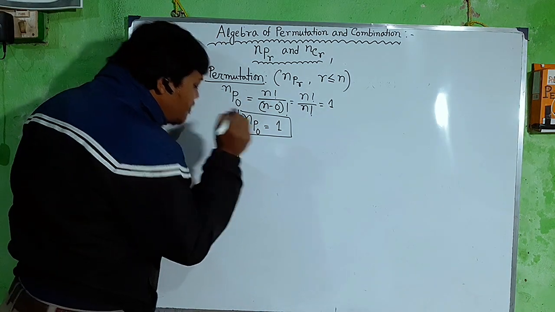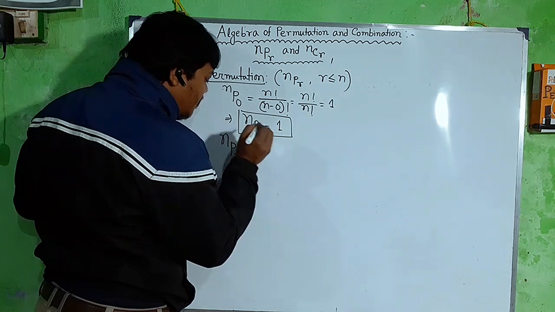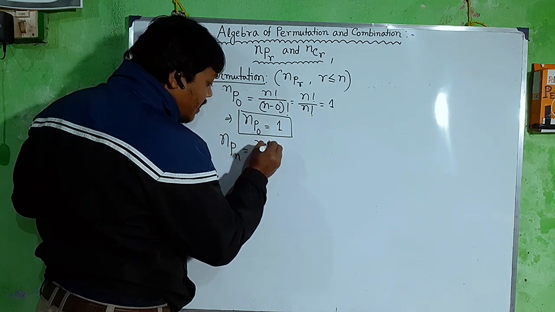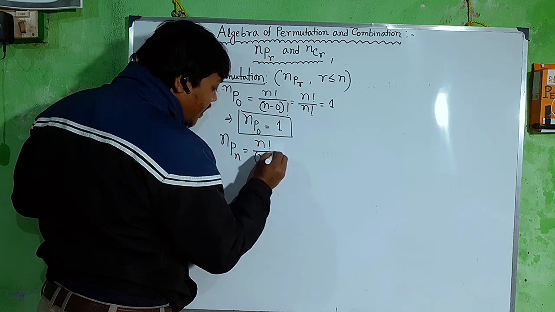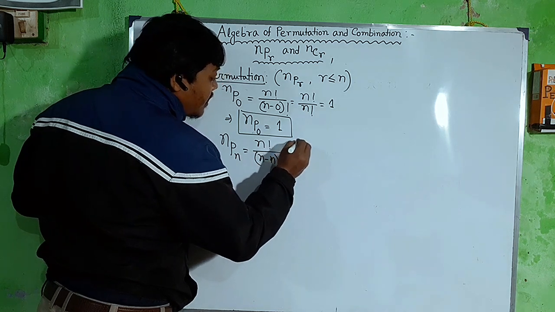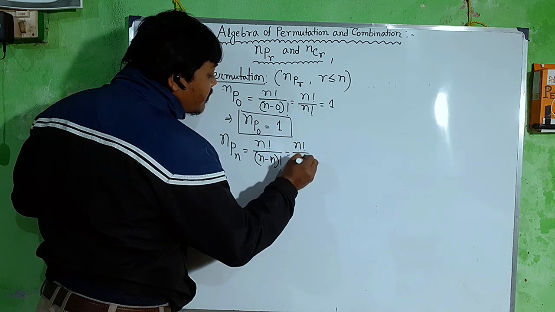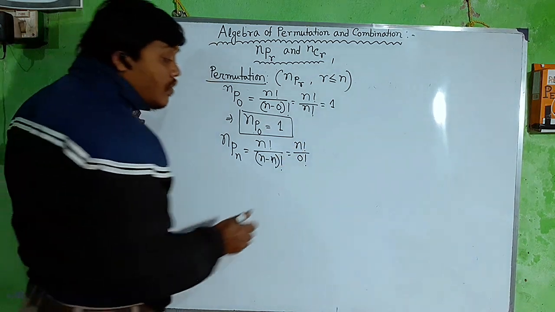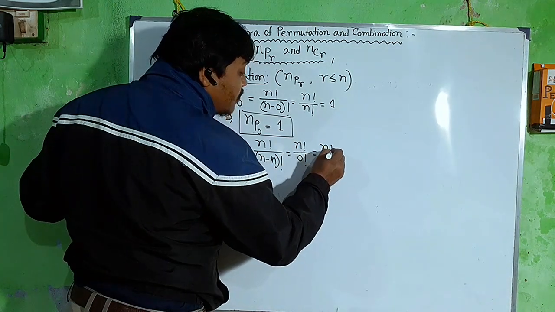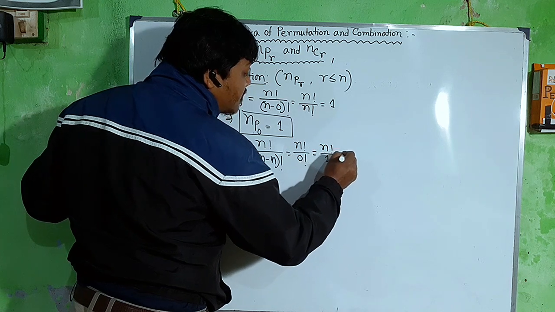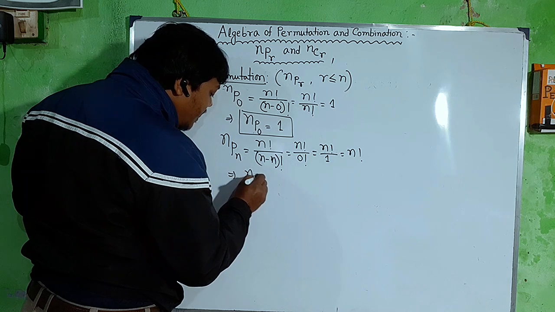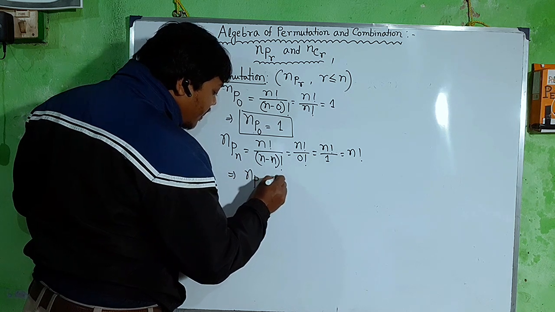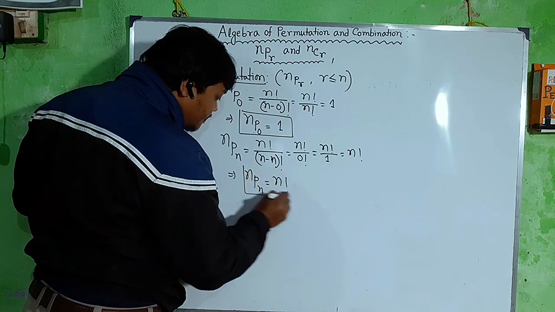What is the value of nPn? nPn equals factorial n by factorial n minus n, so factorial n by 0 factorial, and 0 factorial is always 1. So factorial n by 1 is factorial n. So nPn equals factorial n.